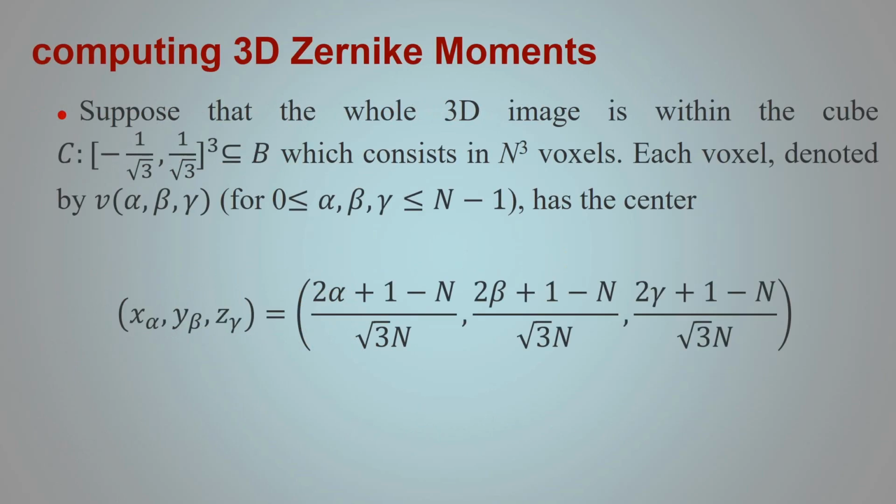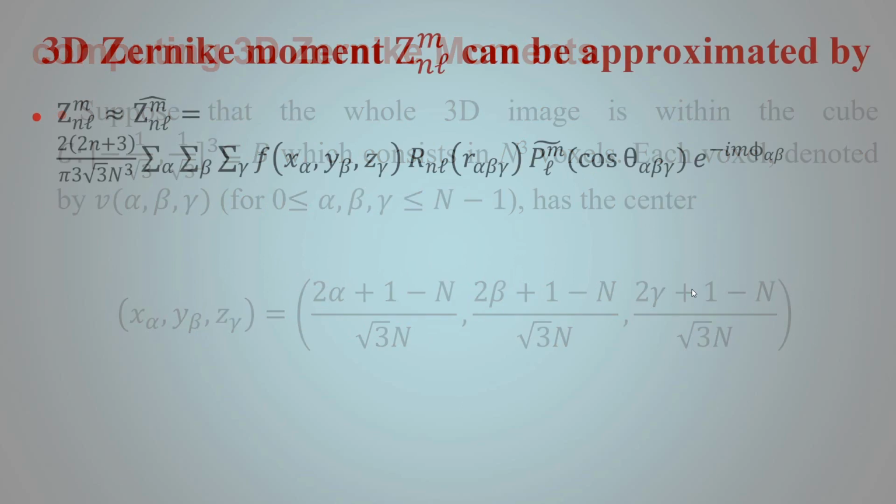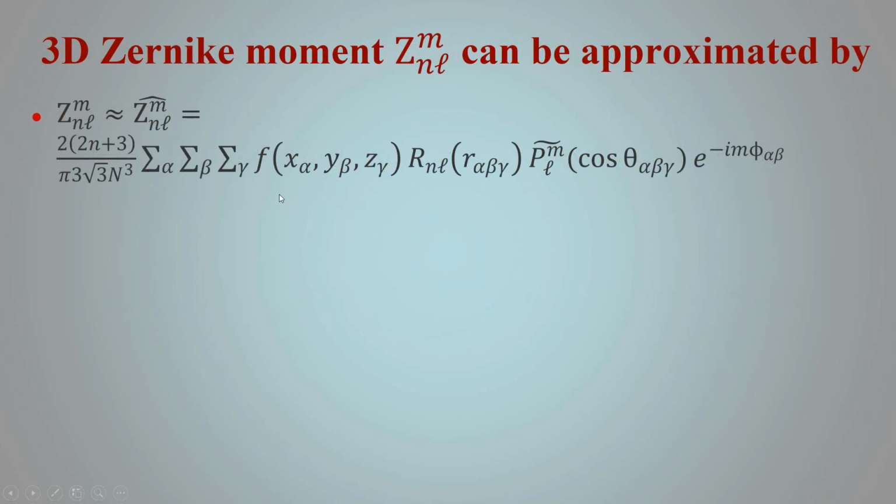So how to compute the whole 3D Zernike moment? Suppose the whole 3D image is within the cube, which consists of n to the power 3 voxels. Each voxel is denoted by these things, and has a center. We use this formula to approximate the 3D Zernike moments.